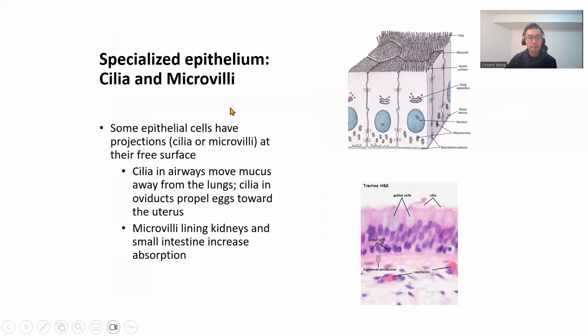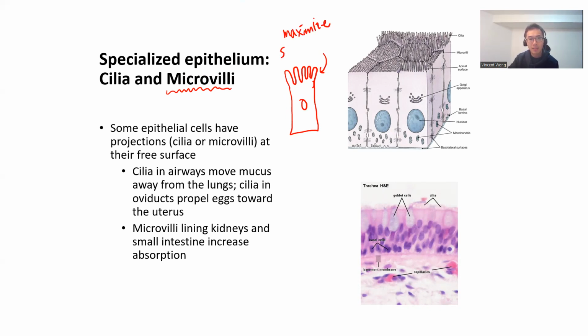Finally, in addition to cilia, in some cases in the GI tract, as well as the kidney, they have microvilli. Microvilli are different from cilia because they are just extra foldings like this, and these foldings help maximize surface area.